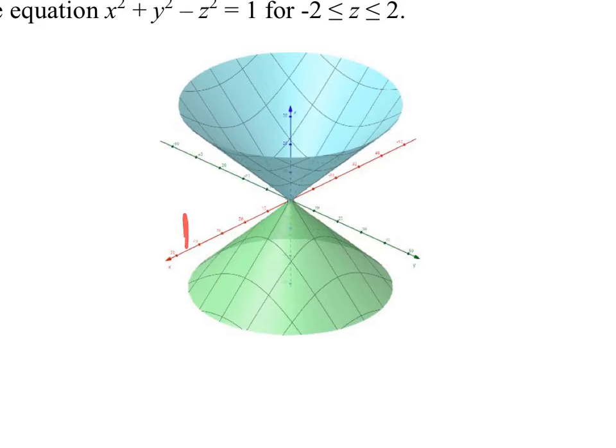Volume contained between the figure and the xy plane. Let's get some kind of representative of the xy plane here. I guess that's good enough, because there's no way I'm going to be able to draw it three-dimensionally.